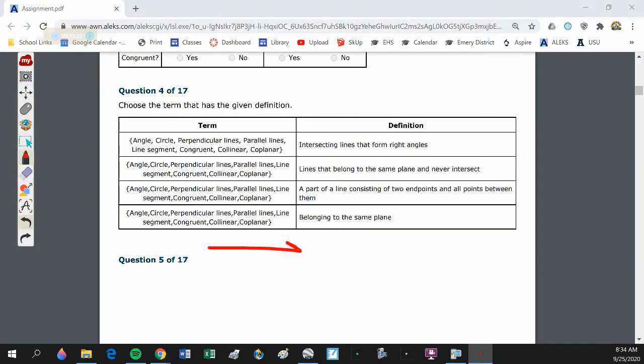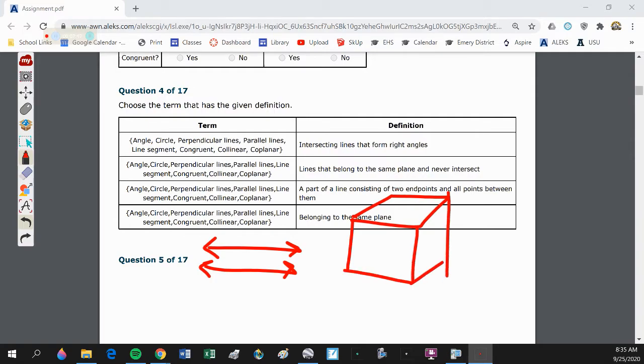So this line and this line are parallel. But that's in two dimensions. Both of those lines are resting on the page. Okay? What if I had like a cube, what if I were talking about this line here and this line here?